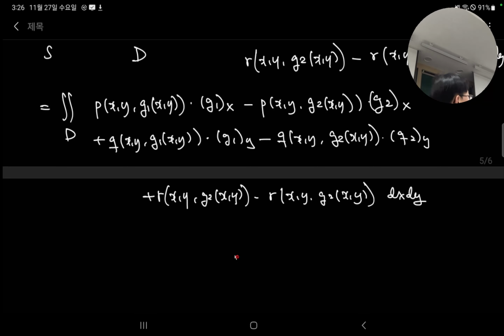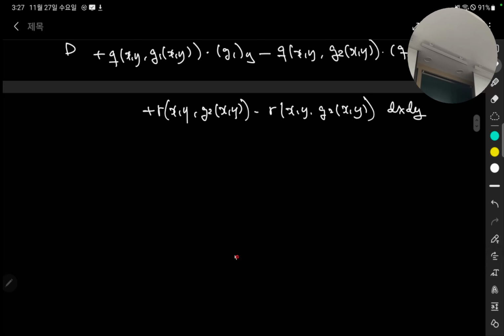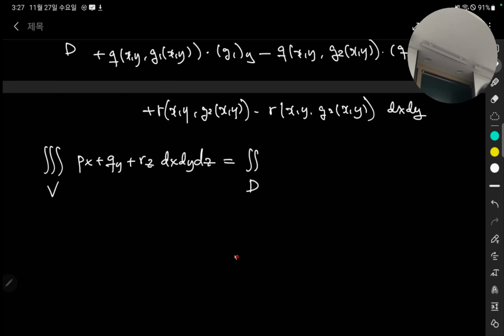So that's the surface integration part. And now let's think about the triple integration part of the divergence theorem. So when you take the triple integration over the volume V of Px, Qy, Rz, dx, dy, and dz, what you can do is think about the volume integration in two parts. It's like an iterated integral.